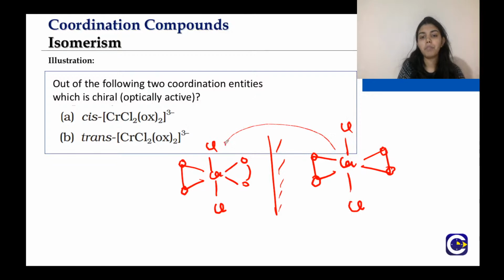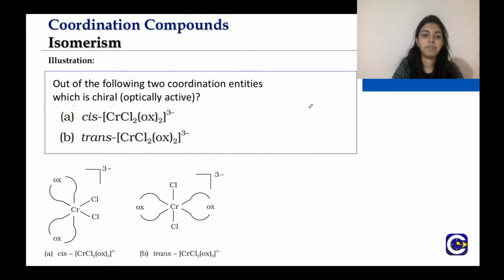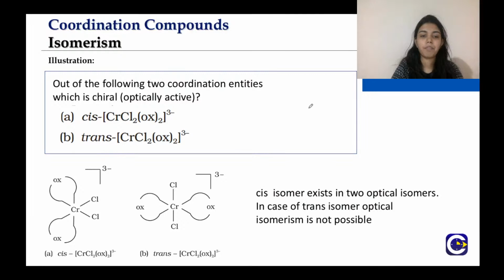Now if you superimpose on this, see, this part will come here, this part will come here, this Cl will come over this, and this Cl will come over this, right? So this will be optically inactive. So the answer is A. So you can say that cis isomer exists as two optical isomers while the trans one is optically inactive. Okay, yes Arun, you are correct with the answer.